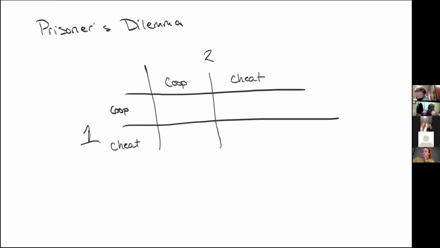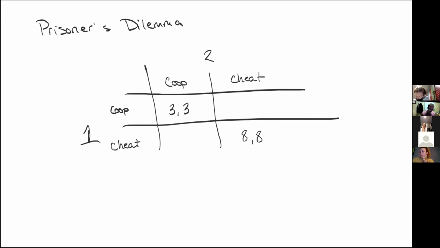If you both cooperate and keep your mouth shut, you'll each spend 3 years in jail. And if you both rat out the other person, then you both spend 8 years in jail.